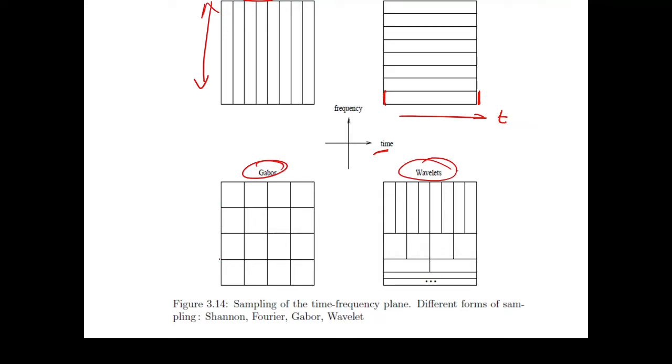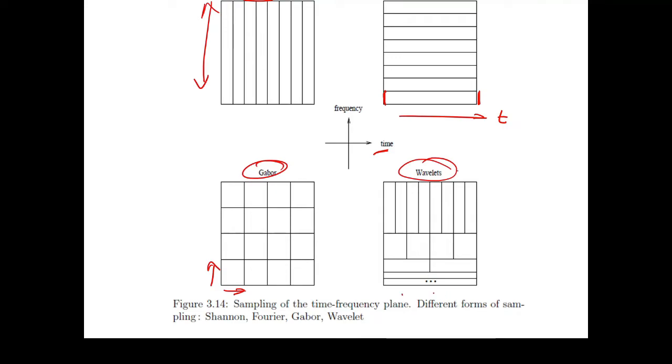In Gabor, we have these windows, which are segregating both the time domain and the frequency domain. On the other hand, we also have the wavelet transform.